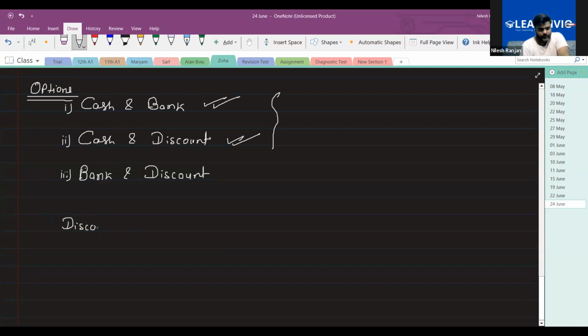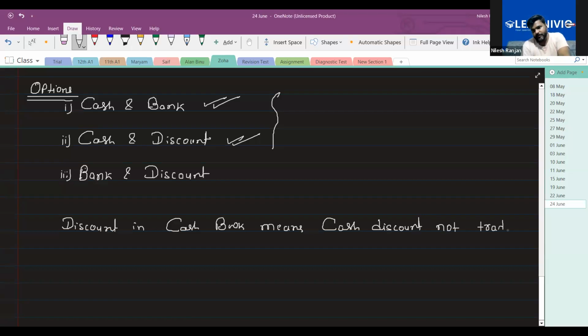Discount in cash book means cash discount, not trade discount. You have to remember this.